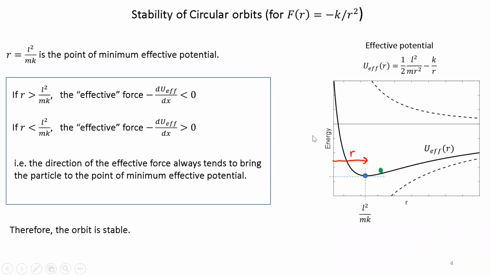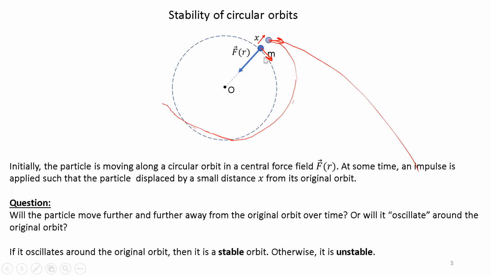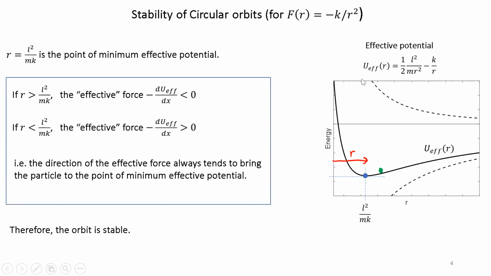One assumption that I'm making here is that the impulse I applied does not change the angular momentum of your particle. Suppose the impulse I apply is along the radial direction. Because of that, the effective potential curve that I have is still the same one.